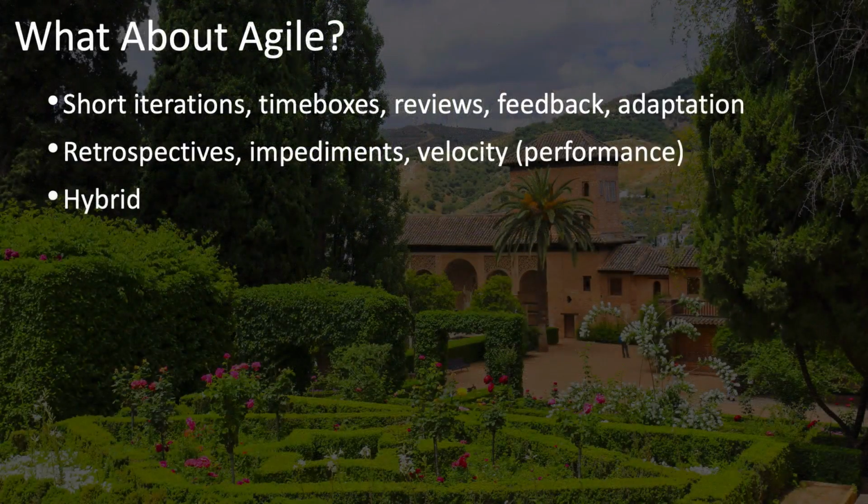Scope and schedule management are significantly affected by an Agile approach. Many of the tools and techniques and approaches are still applicable, but they're applied differently. In an Agile approach, you use shorter iterations, often time-boxed in fixed duration iterations, and each iteration ends in a review in which you can get feedback from your key stakeholders and adapt or course correct after each review.